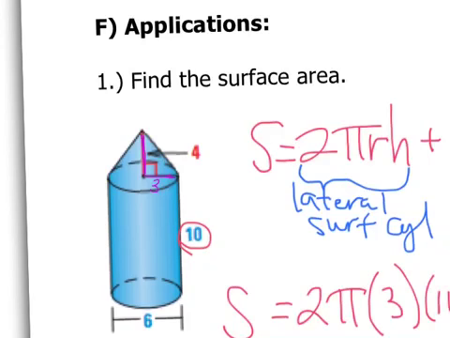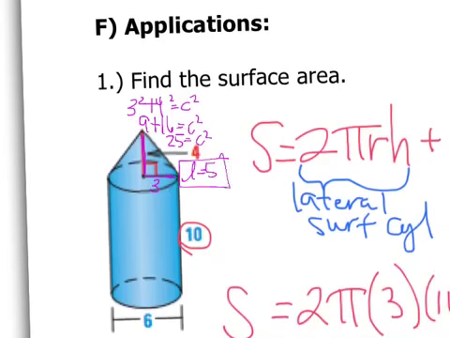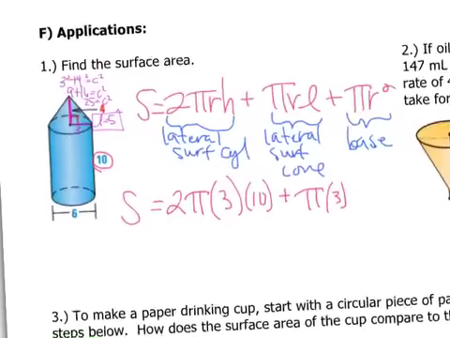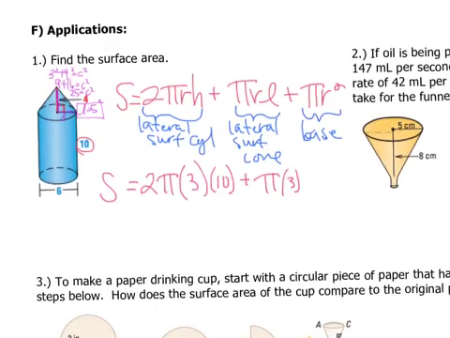So I can do 3 squared plus 4 squared equals the slant height squared, or c squared. So 9 plus 16 equals c squared. Our slant height should be 5. So make sure that you're using the slant height, not the altitude height, in this formula for surface area.